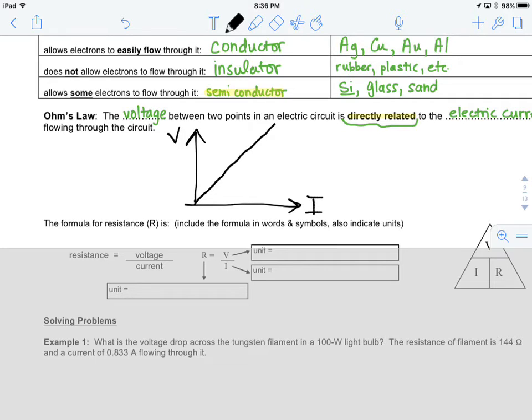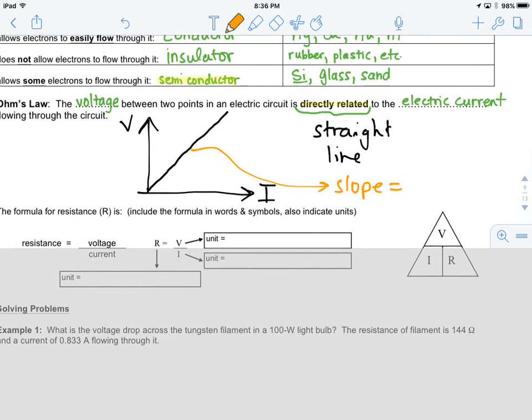And that's what this means. Directly related means a straight line. And the slope of this straight line, we're going to use orange, the slope is equal to the resistance.